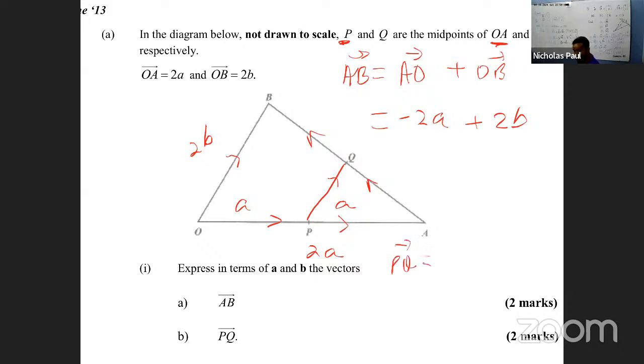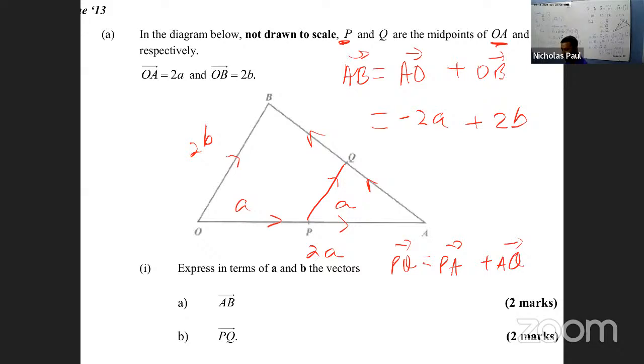PQ is what? So you want to get the alternate route from P to Q. P to A, nice. And then A to Q. Very good.